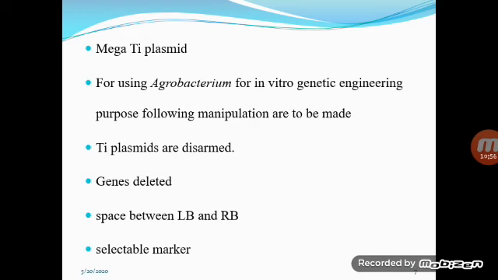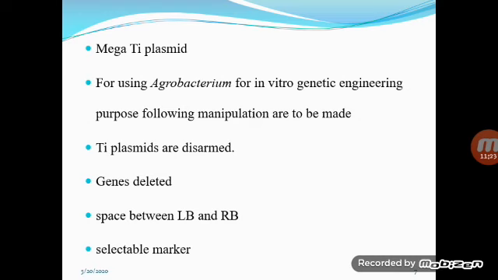Genes from the T-DNA responsible for growth hormones like oncogenes and opine formation are deleted so that no disease will be produced, and as opines will not be synthesized, further growth of Agrobacterium inside the host tissue stops.